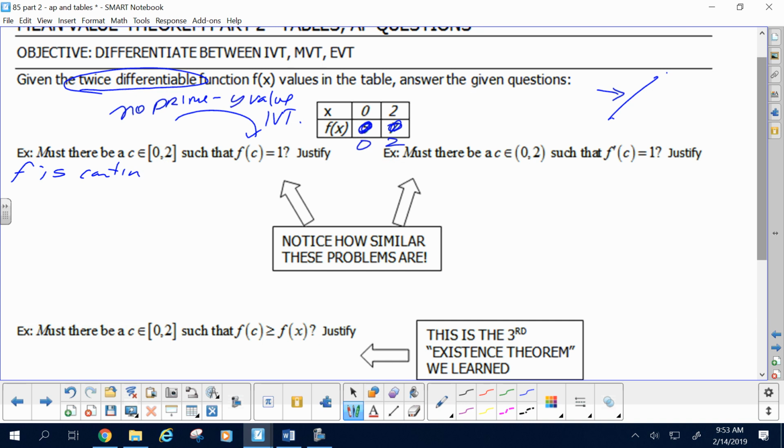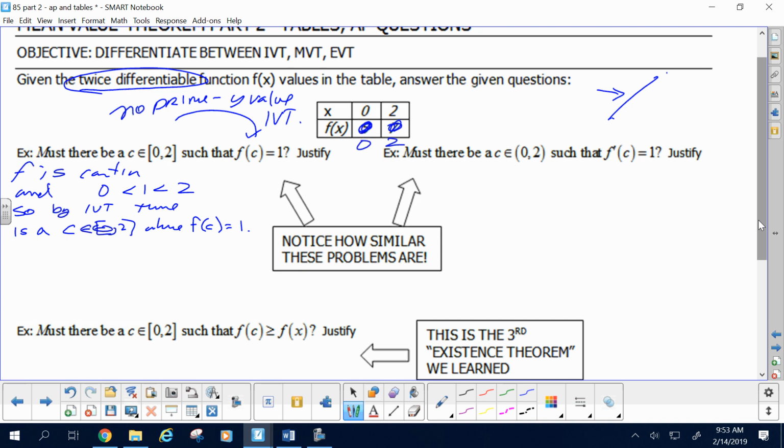F is continuous, and let's also go the betweenness. 1 is between 0 and 2, so by IVT, there is a C in 0 to 2 where f at C is 1. I just regurgitate the question. That's talking, must there be a y value, not an average rate of change, not a derivative value, a y value, right? So that's IVT.